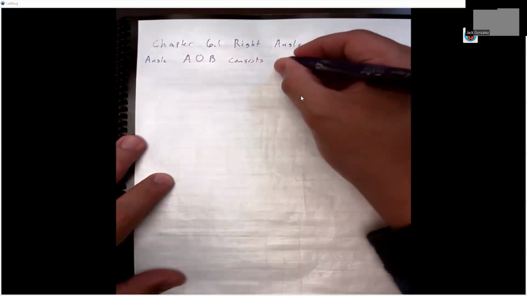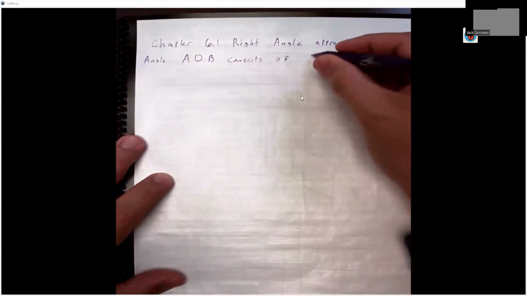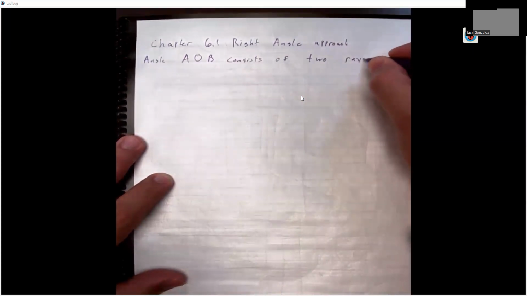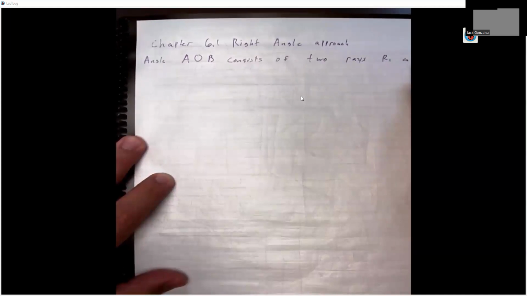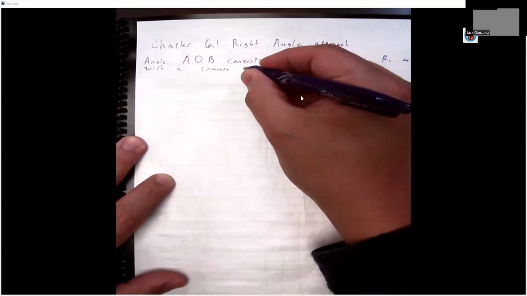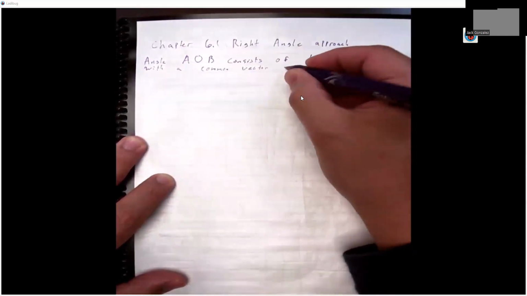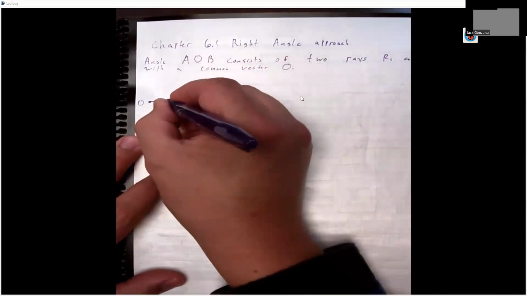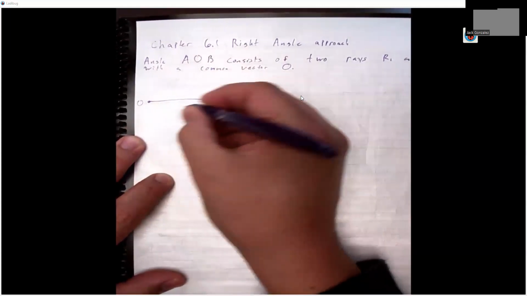Angle AOB consists of two rays, R1 and R2, with a common vertex, which the book calls O. All right. So here's O. And I believe we mentioned this before.